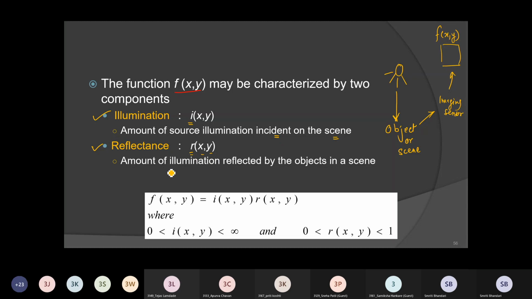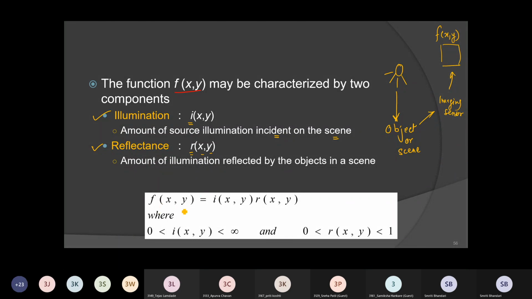This is denoted as r of x comma y, and it is the amount of illumination reflected by the object. So this is my object or a scene, right? So light is incident on the object, right? And the amount of illumination being reflected from my scene or the object is known as reflectance, right?